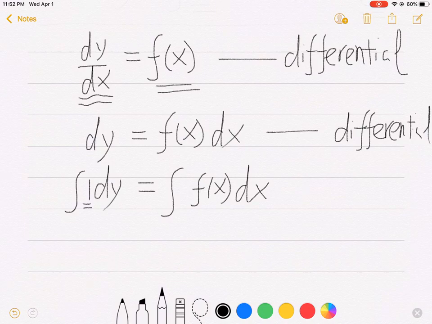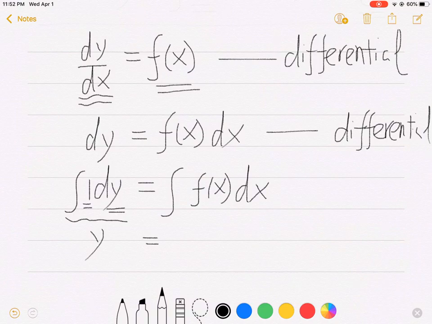So whose derivative equals 1? Not x, because here the integration variable is y. The differential for this integral is about y. So whose derivative with respect to y equals 1? That is y. So this is y.